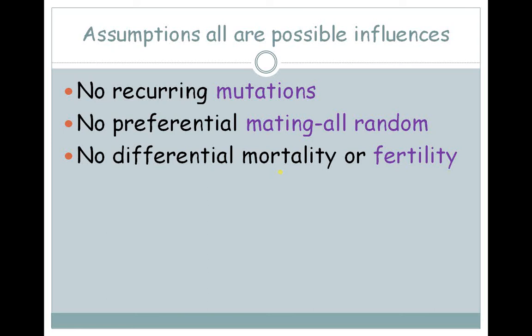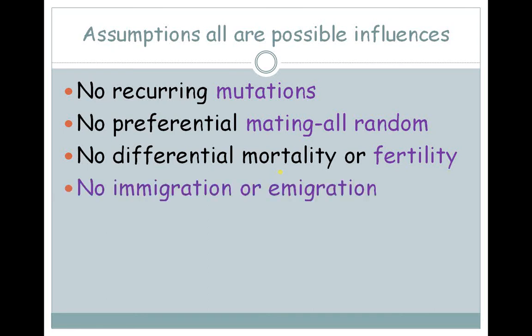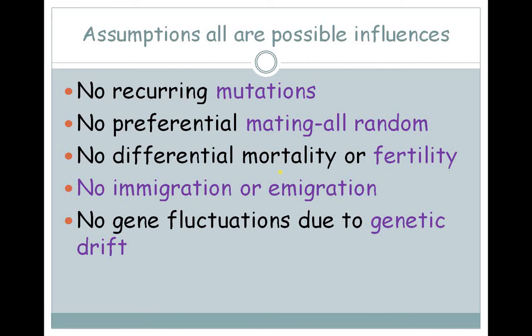There are no traits that provide longevity or ones that lead to early mortality. There's no immigration or emigration, so there's no gene flow at all happening in that population. There are no gene fluctuations due to genetic drift, so there's no founder effect. And again, if there's no mutation, then there really shouldn't be any drift.